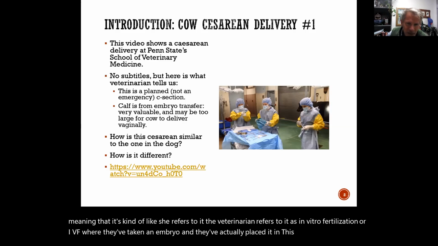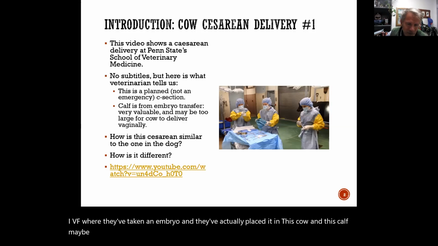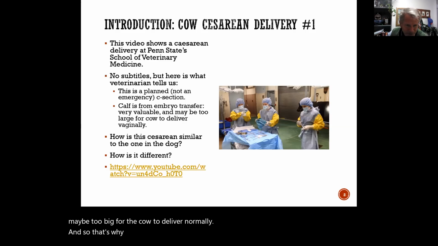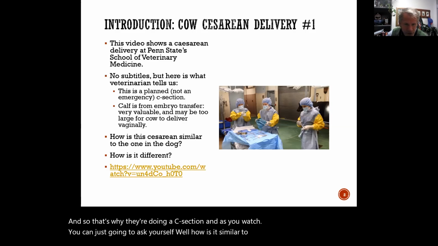And this calf may be too big for the cow to deliver normally. And so that's why they're doing a C-section. And as you watch, you can just ask yourself, well, how is it similar to the video you saw of the dog, and then how is it different?